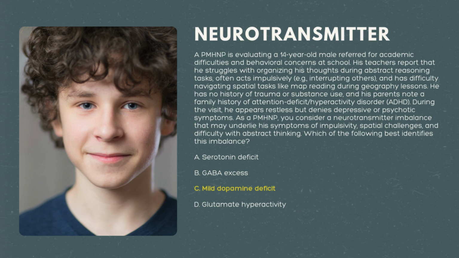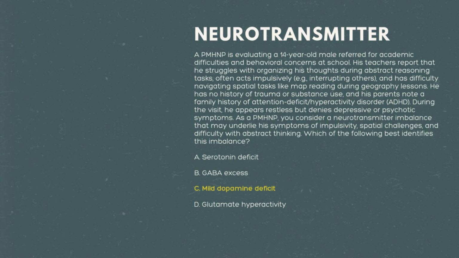This is because of prefrontal cortex dysfunction, where dopamine modulates executive functions like planning and organization. Now, the mild qualifier is appropriate in this answer, as severe dopamine deficits would be more aligned with Parkinson's disease, right? So we would see motor symptoms like bradykinesia, but that's absent in this particular question.